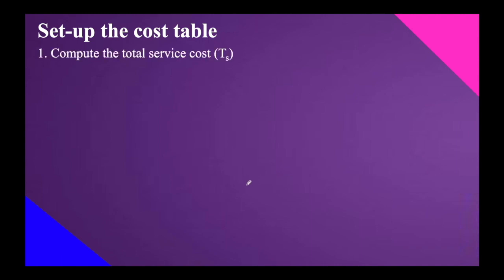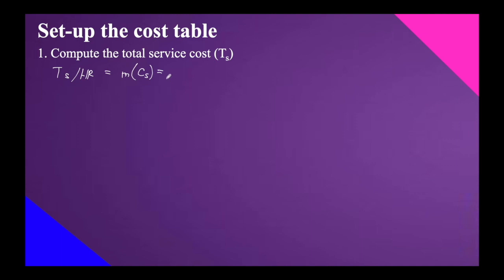For the first one, let's compute first for the total service cost, or the T sub S. So, here, the total service cost natin per hour, ang formula natin dyan is equivalent to M multiplied to C sub S. What is M? Ulitin ko po. M, ito yung servers natin.